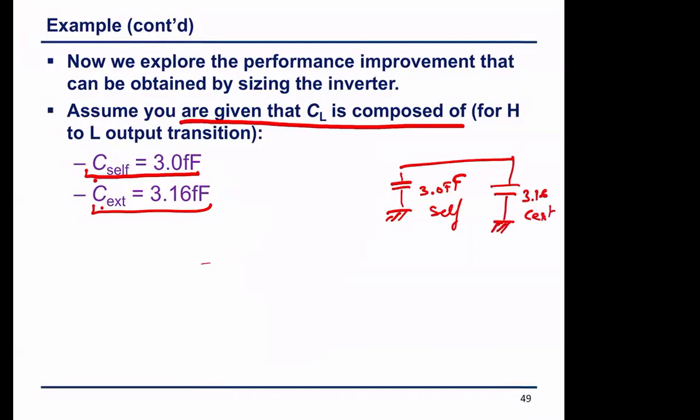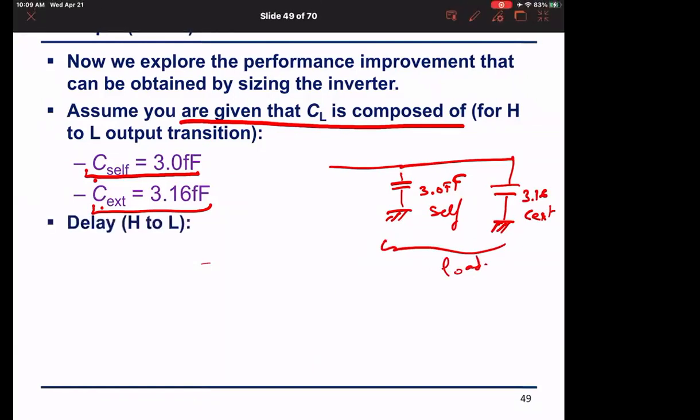These comprise my load. Okay, and now he's asking me to find the delay. So we are going to write the delay as TP equal TP0 into 1 plus C external over S C self.